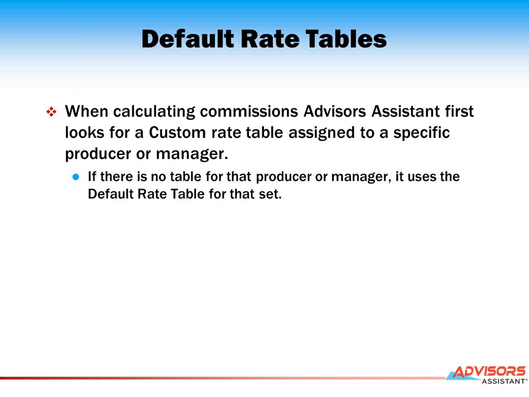When Advisor's Assistant is figuring out how much to pay a producer, first, it looks for what's called a custom producer table for that person. If it doesn't find a custom table, it looks for what's called a default table. So setting up default rate tables can save you a lot of time.